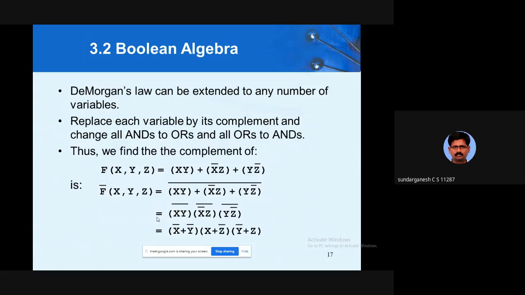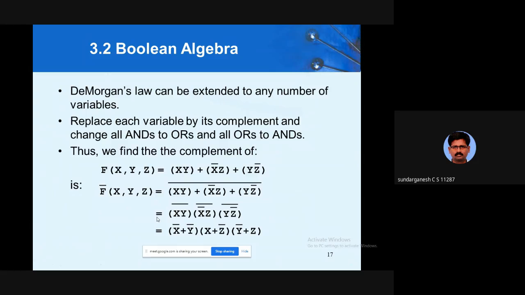So when you put in complement, this plus symbol becomes AND symbol. So xy plus x bar z becomes AND symbol. Similarly the next plus becomes AND symbol. Next one is the common complement symbol will be above this figure.